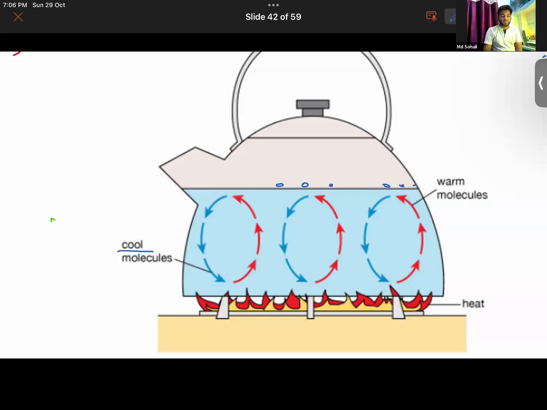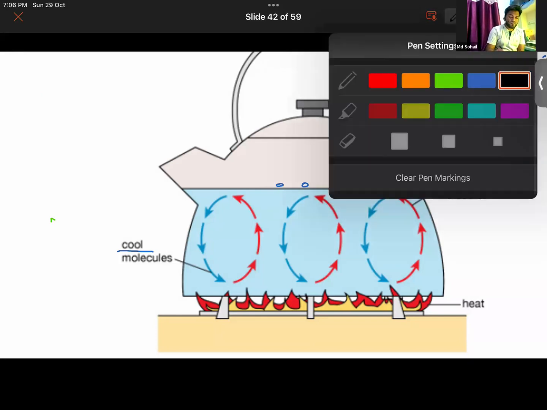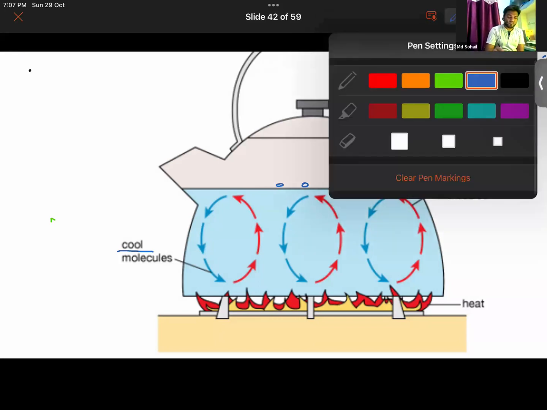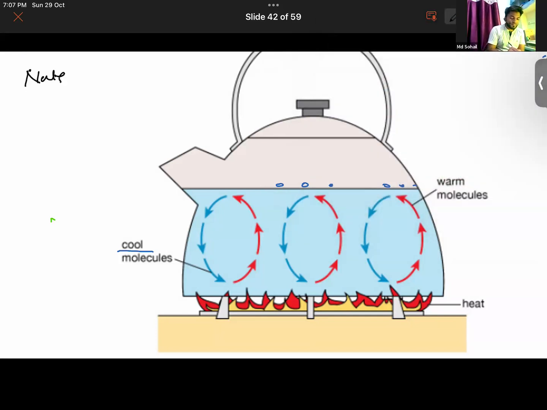Before we begin this discussion, a few things you need to be aware of. First thing you need to note over here is that warmer particles are less dense, so they rise up.